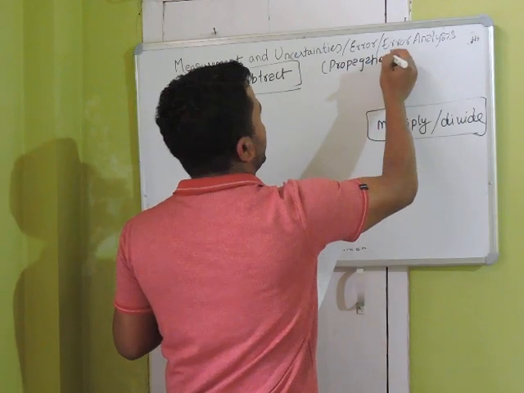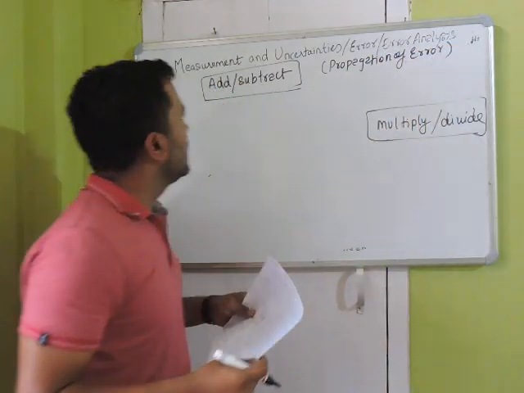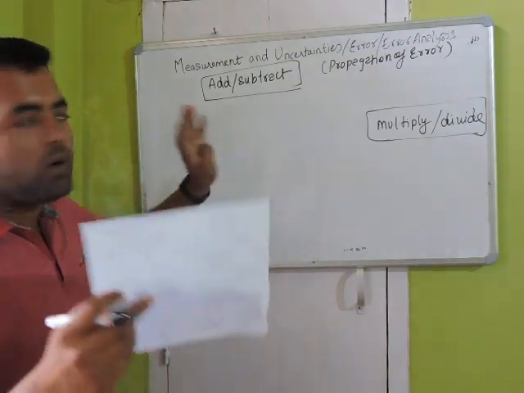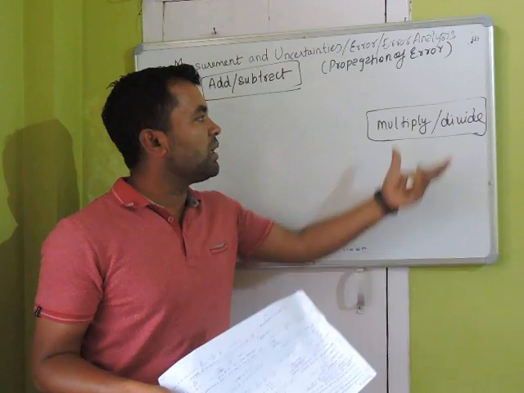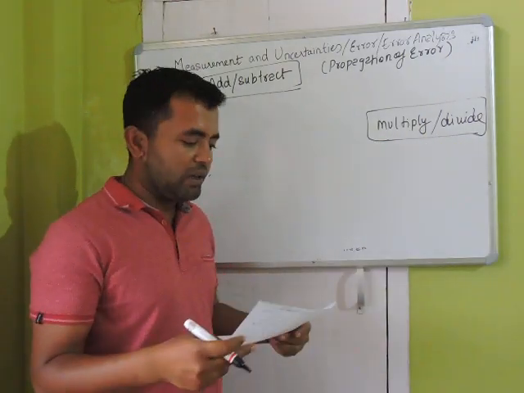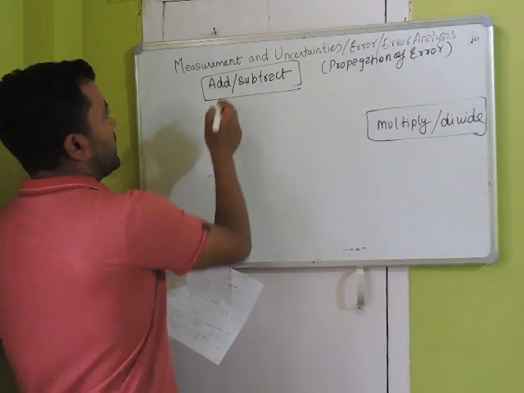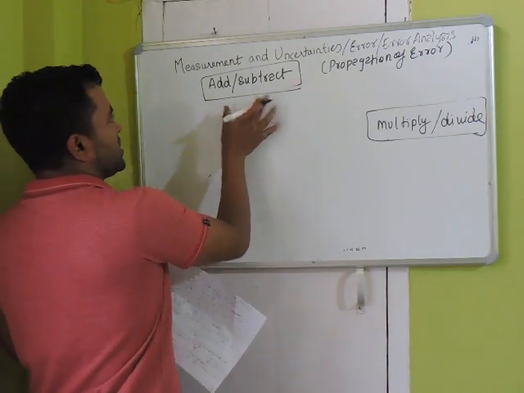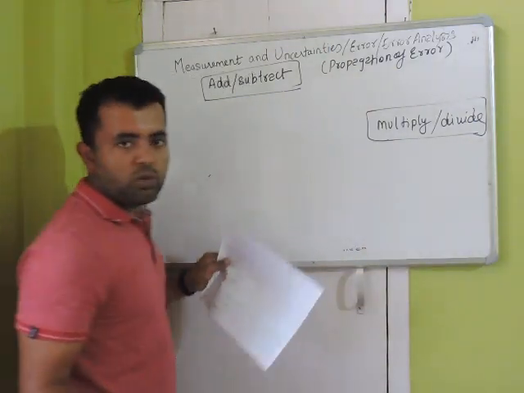Propagation of error. If I have error in addition or subtraction, how will error add up? If I have error in multiplication and division, how will error add up? It turns out that for addition and subtraction the rule is the same, and for multiplication and division the rule is the same.